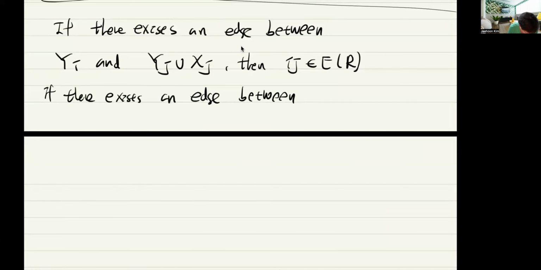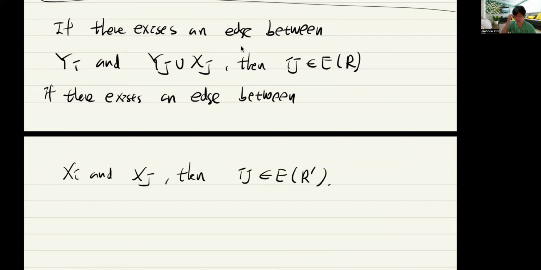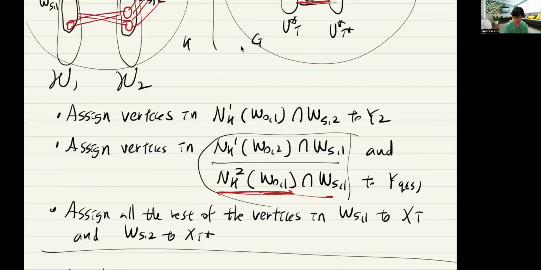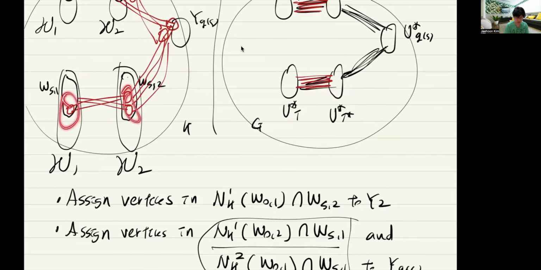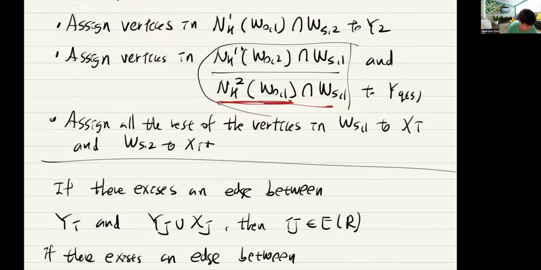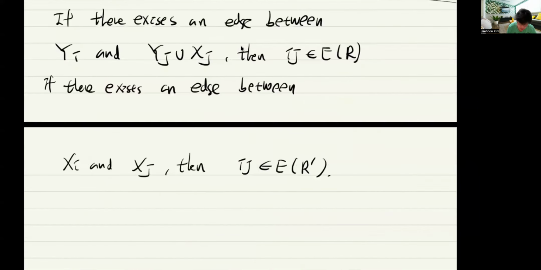And also, if there is an edge between X_i and X_j, then ij must belong to this matching, because the X are assigned in a way that all the edges between X are here, so it corresponds to the tuple regulars. Now we have that. So now what?